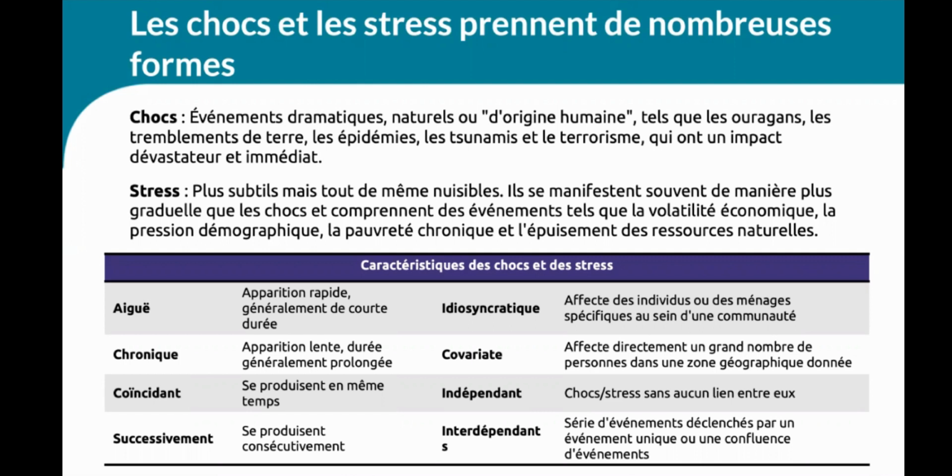And then there are dimensions about how shocks might be related, in terms of interactions across shocks. Shocks may happen at the same time, which obviously creates a problem for households that need to adjust to or respond to those shocks in a short period of time. Shocks may happen sequentially.